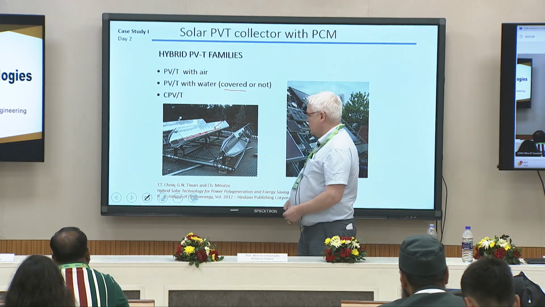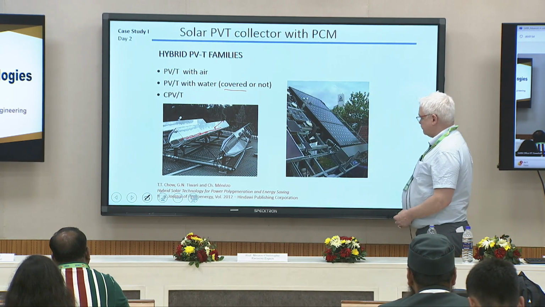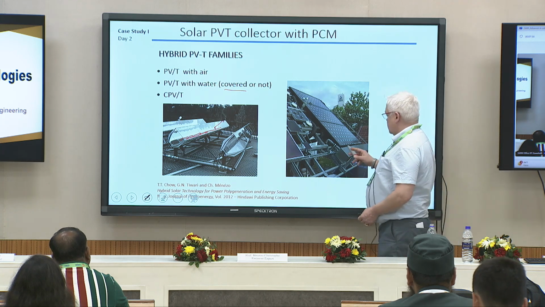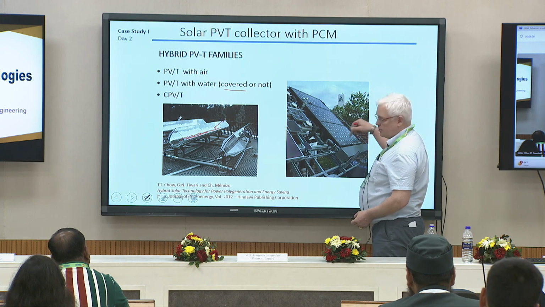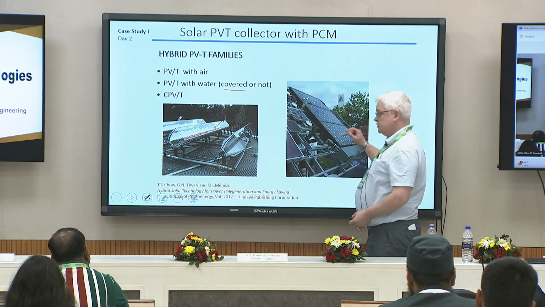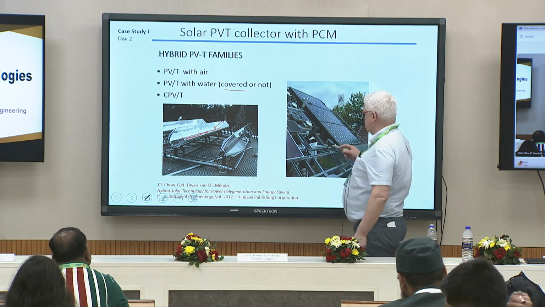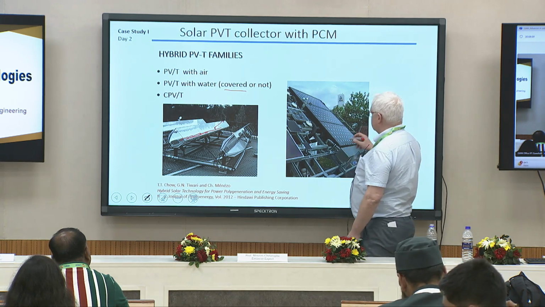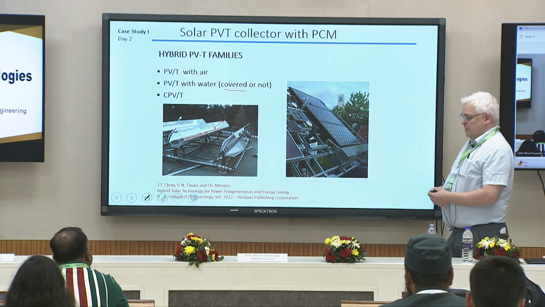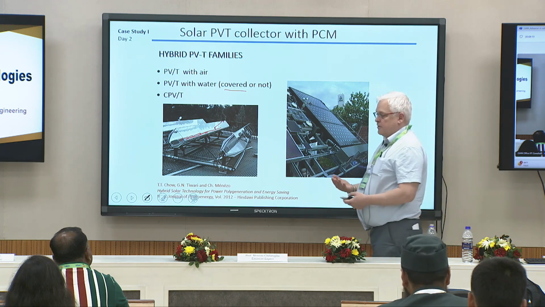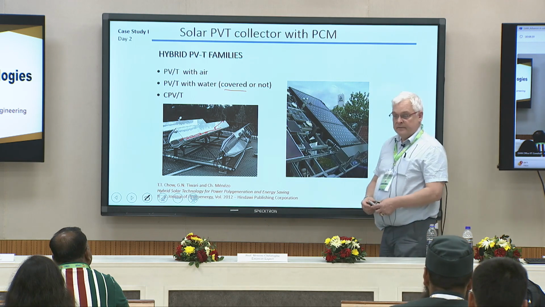It could be oil, for example. Okay, this seems to be a PV function, uncovered, because we don't see a glass over the PV module, so it looks like an uncovered hybrid photovoltaic thermal collector, probably with water, because uncovered can't reach a high level of temperature.